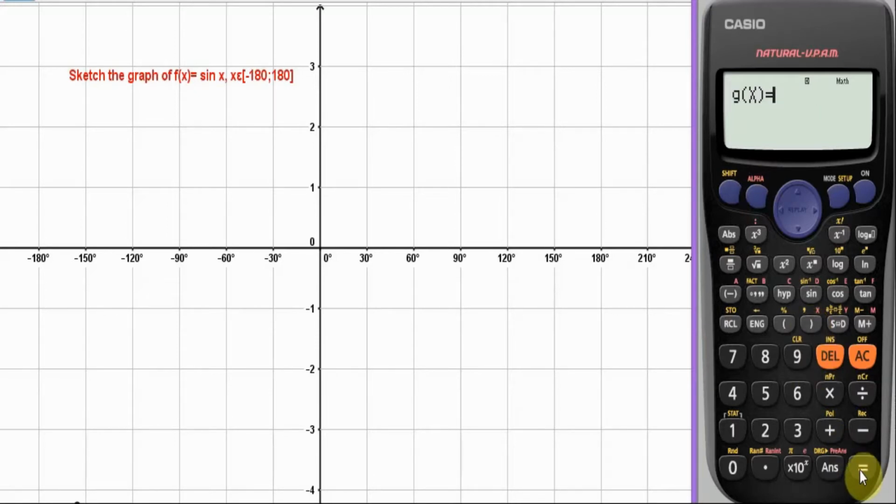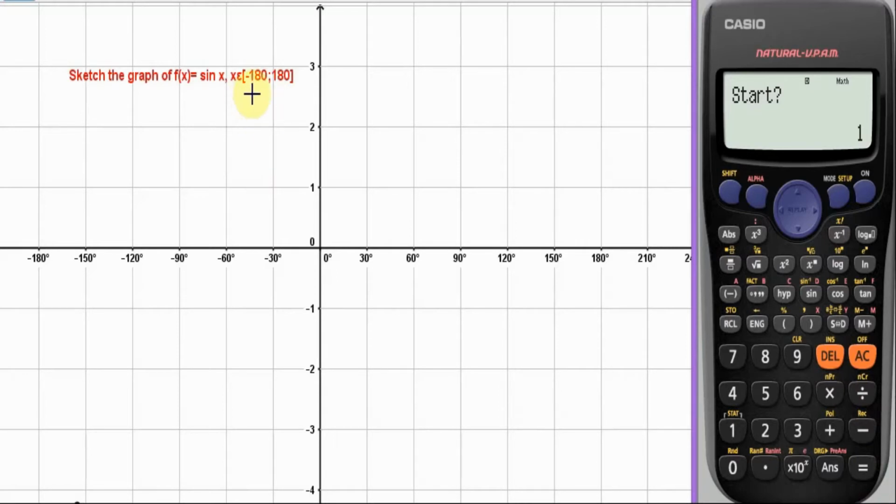This calculator has another option of drawing one more graph, that is g of x. At present we are not using it. We are drawing only one graph. So skip it. Equal to, start. What is the meaning of start? It is the lower limit number of the question, minus 180. So start is minus 180.